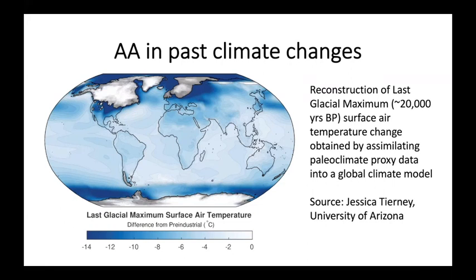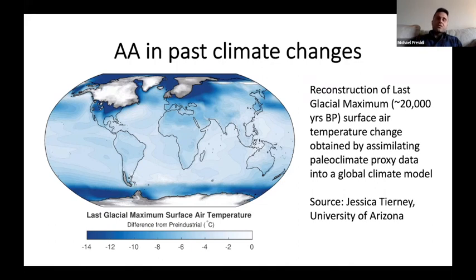Mike, could you give some examples of the paleoclimate proxies that might be used? Sure. In this study, there were a few different types of geochemical proxies that were used. The ones that were used the most were the magnesium-calcium ratio and also oxygen isotope ratios.